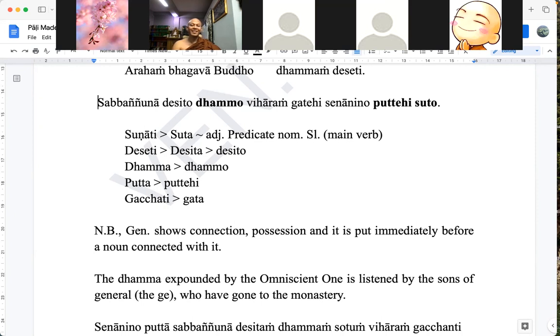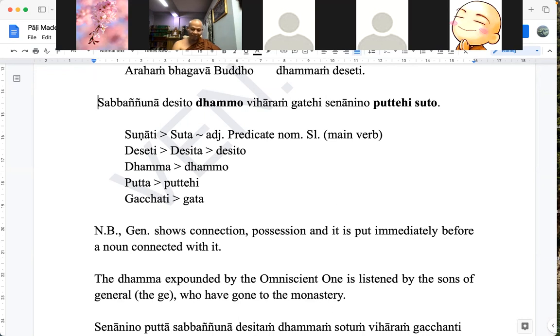But in this situation, I recognize there is one thing: to listen to the Dhamma, Dhamma has to be in the accusative, Dhammang, not Dhammo. Dhammo is a function of the nominative singular.